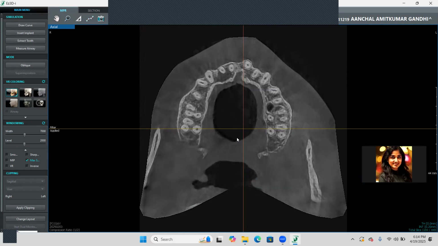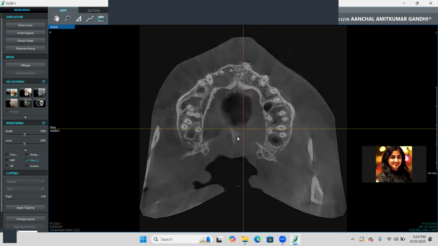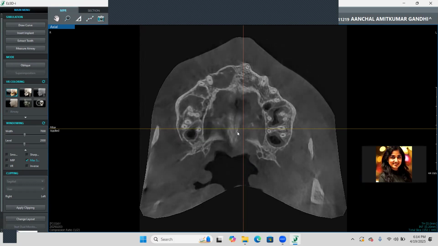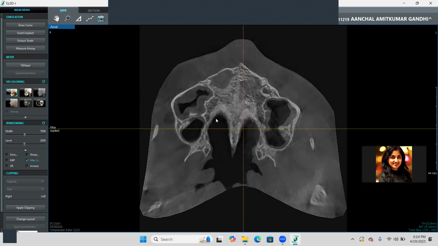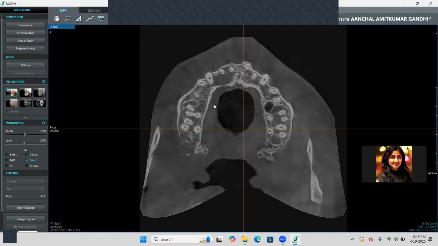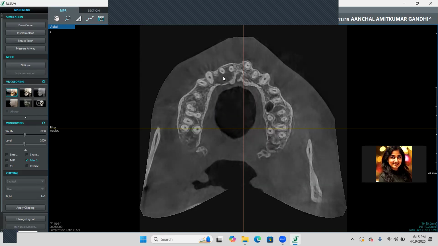I'm scrolling the mouse upwards. As you can see, the canine is also involved. So yeah, the tip of the canine is involved. You can see it's such a big lesion in this. It has also caused palatal plate expansion, and here you can see a little perforation even here.